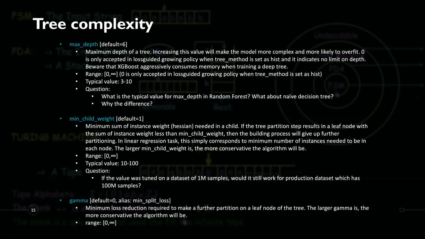When we retrain the model against the production data, which contains, let's say, 100 million samples, would that change? Would we need to change the value, or should we still keep using the same value for min child weight?